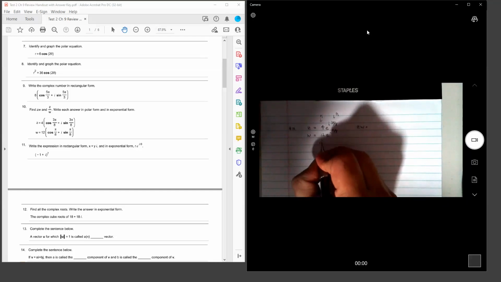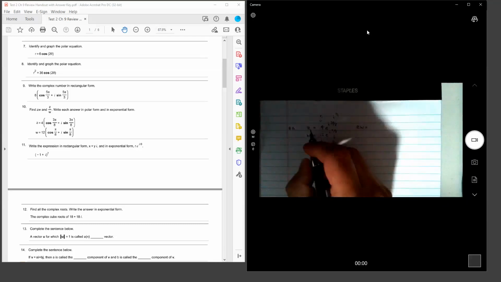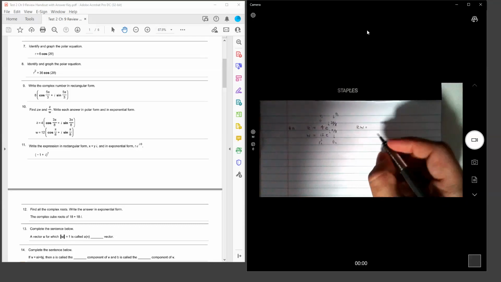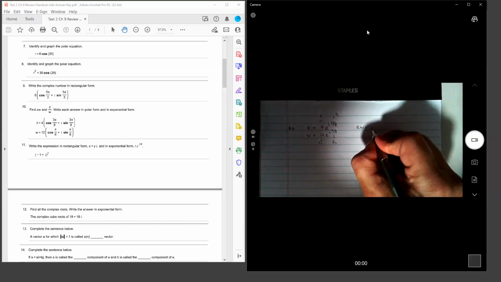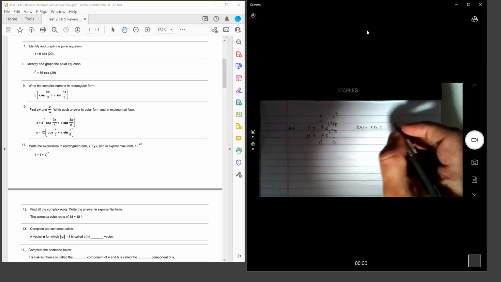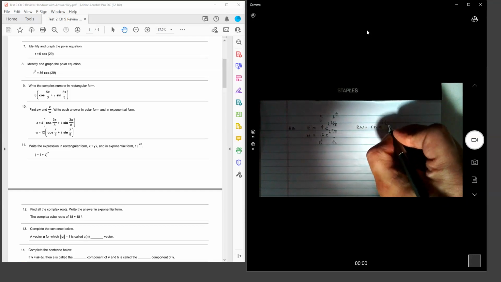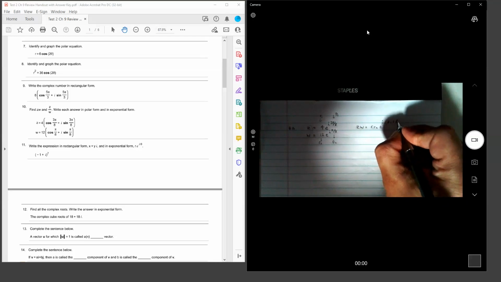Here is the second magnitude, the second angle, theta. There's a formula that says that if we would like to multiply these two complex numbers, then we multiply their magnitudes times the number e raised to the power of i times theta 1 plus theta 2.